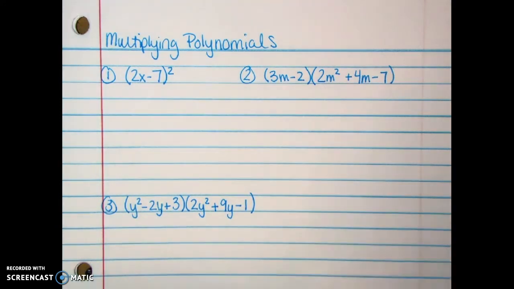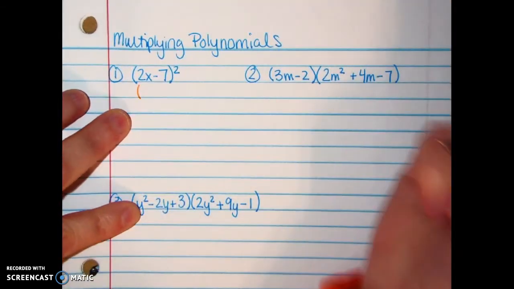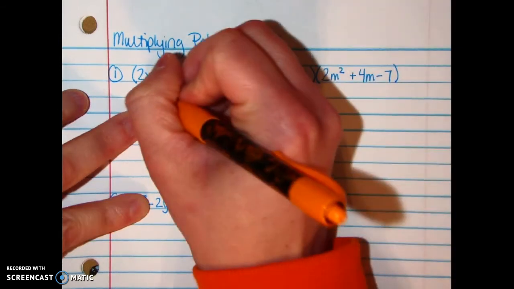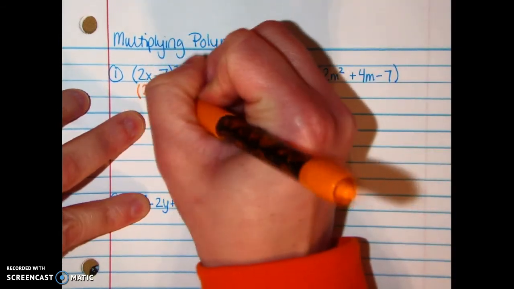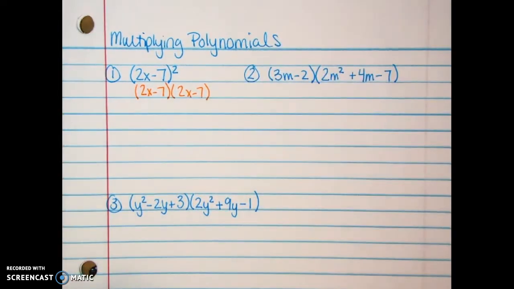For number 1, we did a couple of problems like this in your notes, but in case you forgot, 2x minus 7 squared is the same thing being multiplied by itself. So it's 2x minus 7 times 2x minus 7.